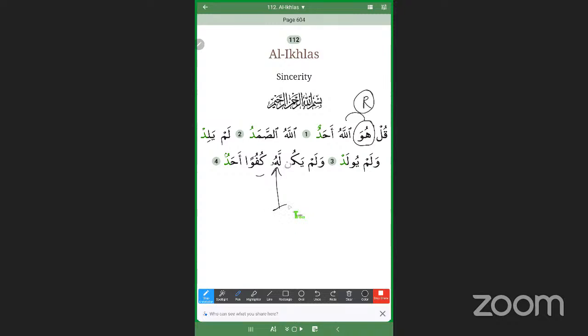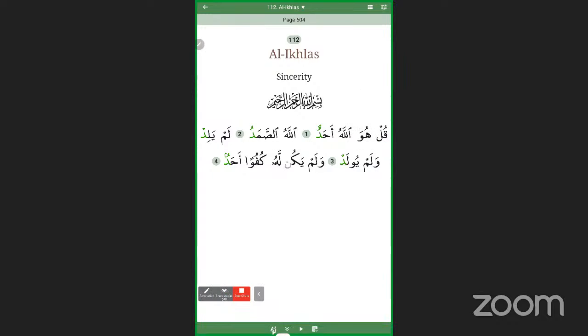This is also a pronoun, and it is written on the left side, attached to lam. Did you get my point? This huwa is a detached pronoun, and this hu is called an attached pronoun. It is attached and on the left side, and the detached one is on the right side.